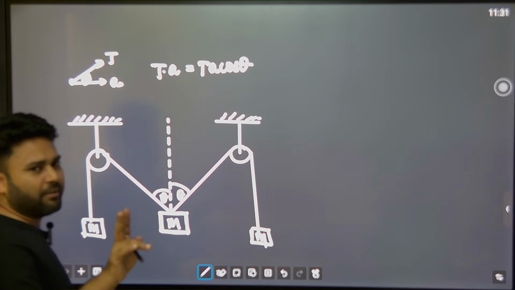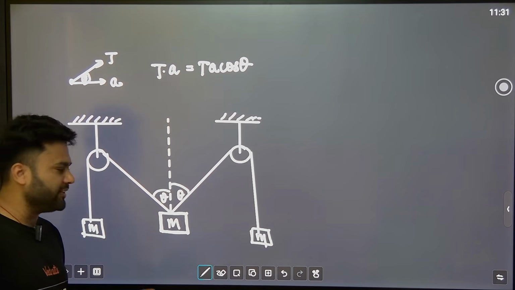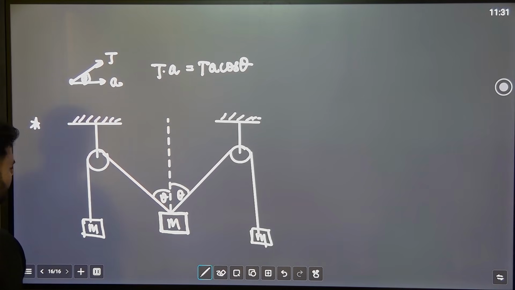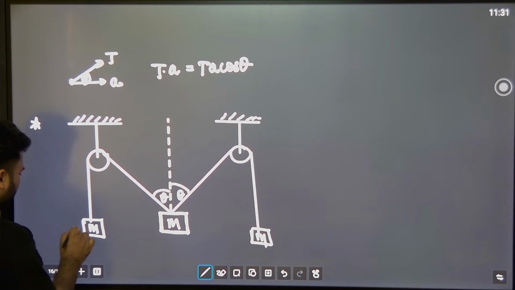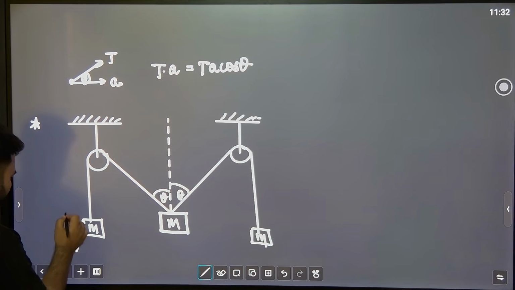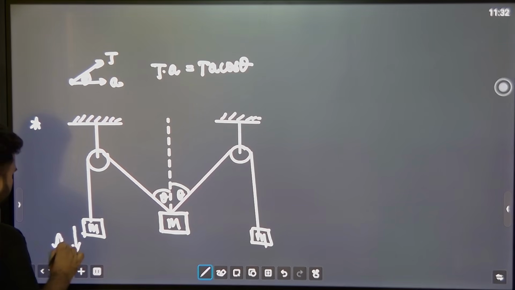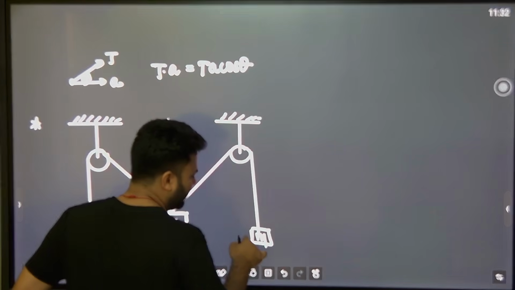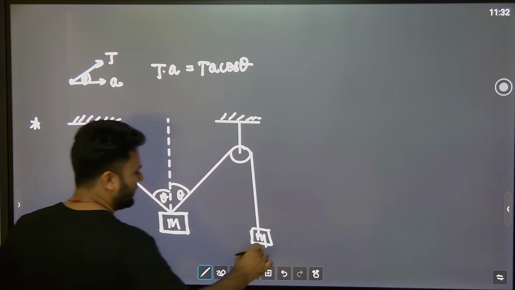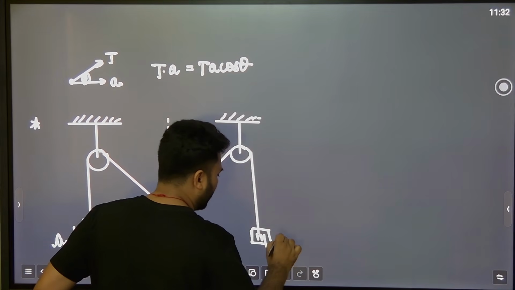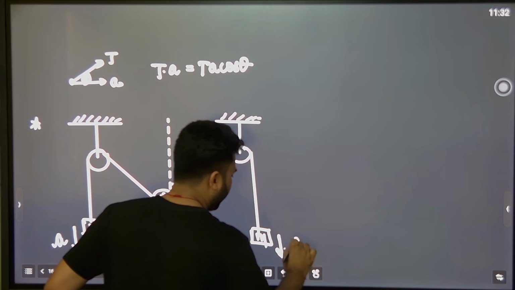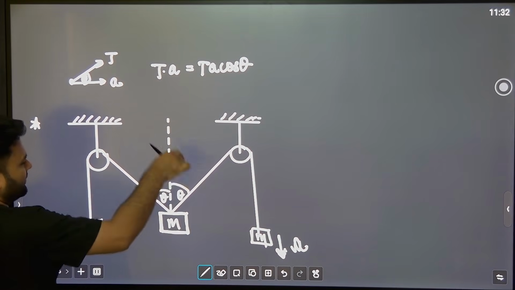Just two examples I will take and then I will finish this lecture. So if I am pulling this object down, or this object is accelerating down, similarly this is also symmetrical. You can see this figure is symmetrical.